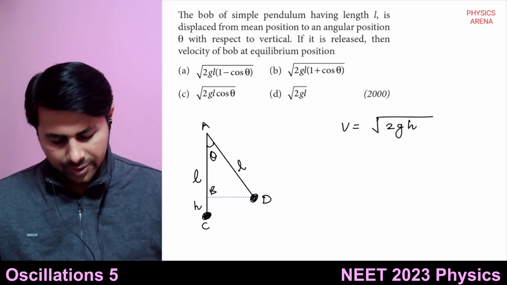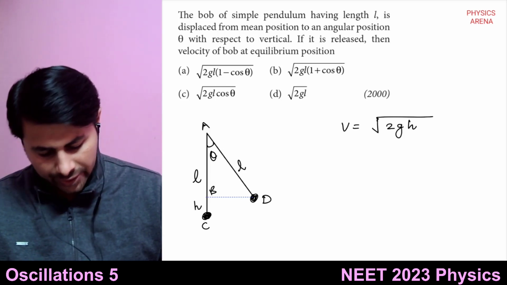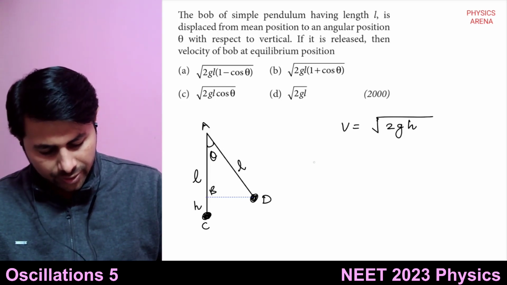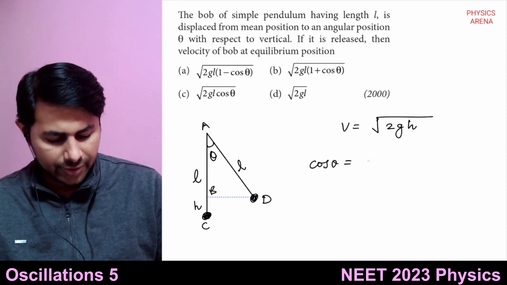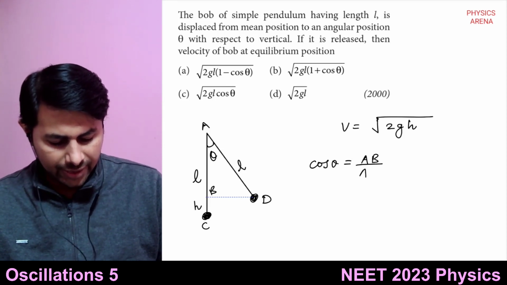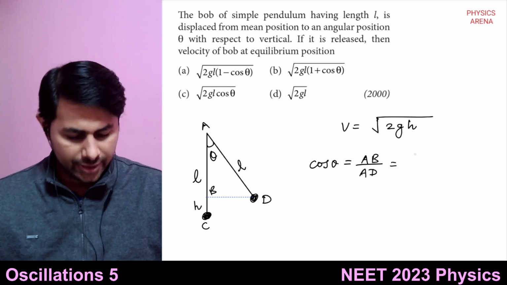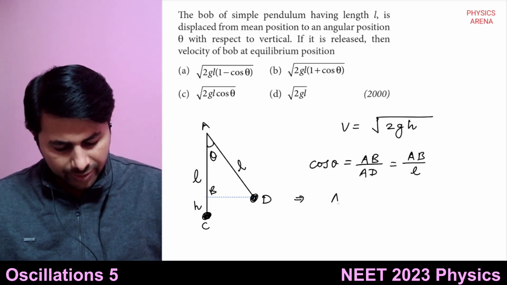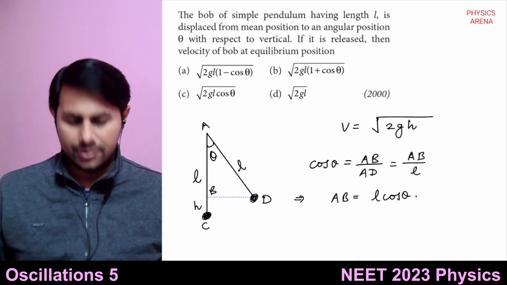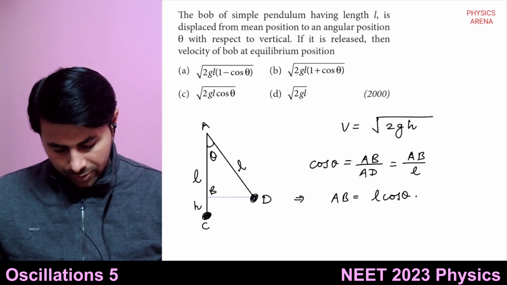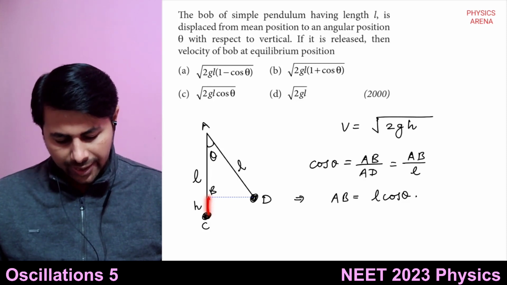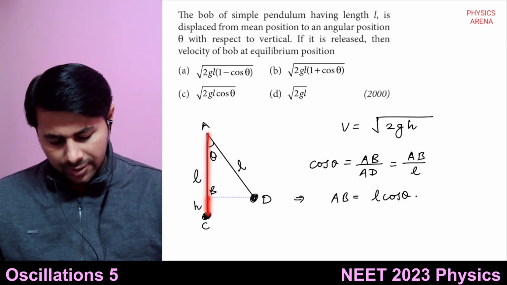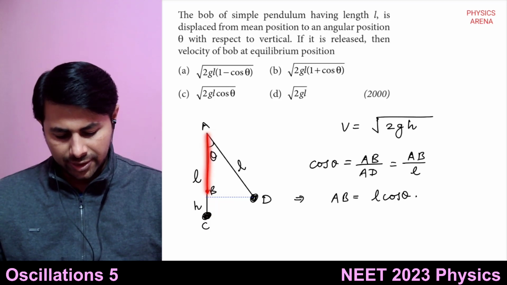And this is D. In this triangle you can say cos theta equals AB divided by AD, or AB divided by L. So AB is equal to L cos theta, right? You want h. h is equal to L minus L cos theta, this length.